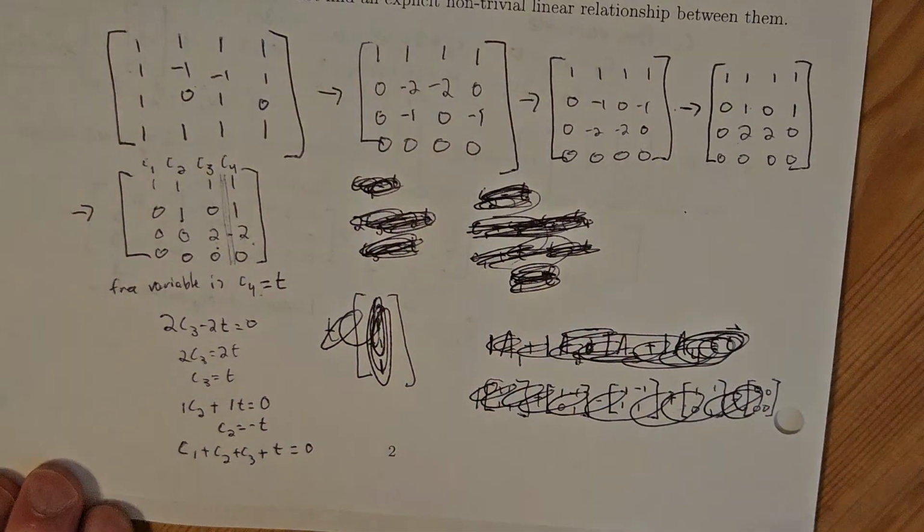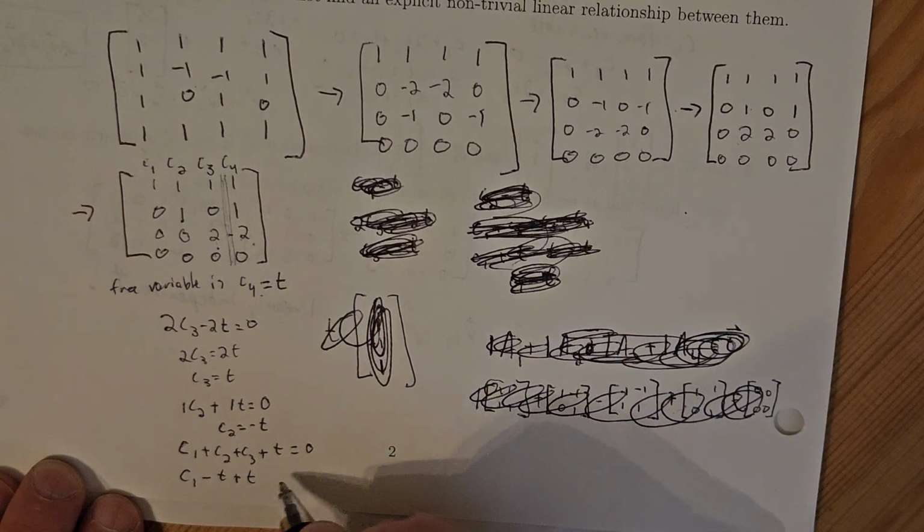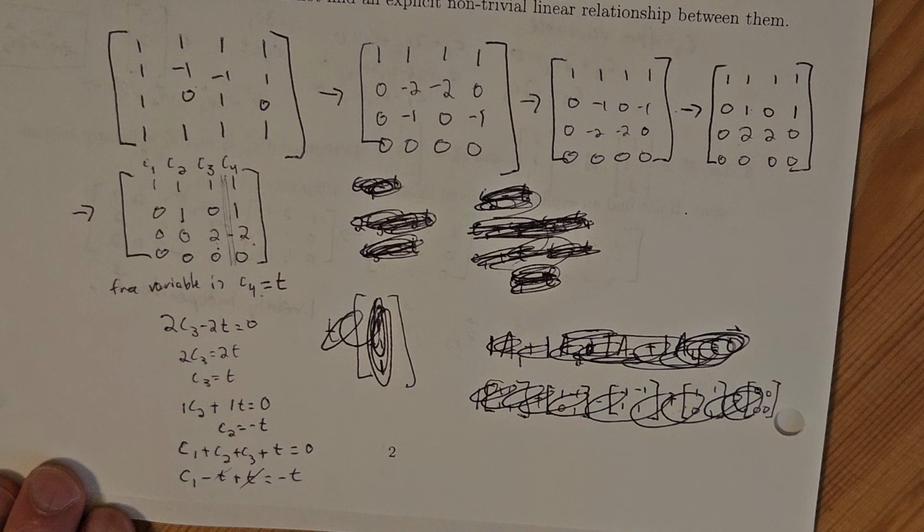If I plug in what C2 and C3 are, we get C1 minus T plus T is equal to negative T. Those cancel. The negative T is because I just subtracted over. So C1 is negative T there.